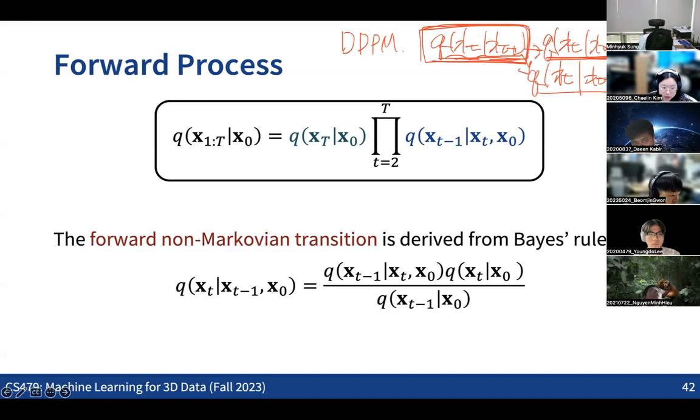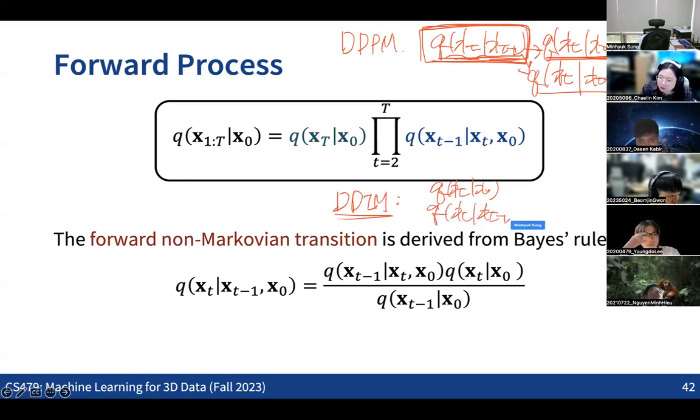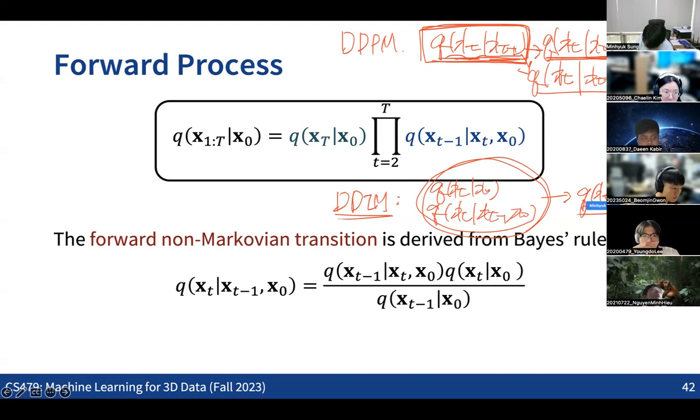So the point was that in DDPM, from the single transition, these two were derived, right? And now in DDIM, we are defining this, and from this we are deriving the other one. So the other way around, right?